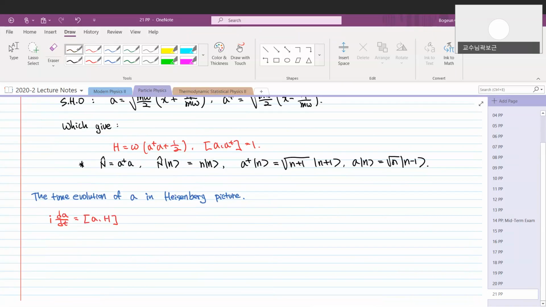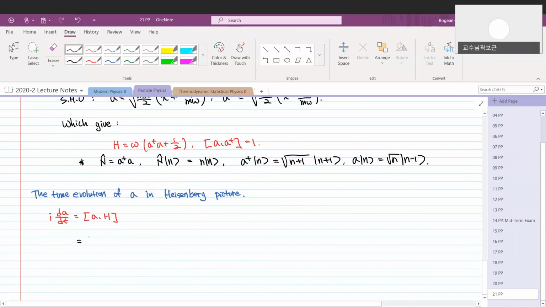So the equation that the operator a satisfies: omega times a dagger a plus 1 over 2, and omega is just a number that can move out, and then a dagger a plus 1 over 2 times a, minus a times a dagger a plus 1 over 2.